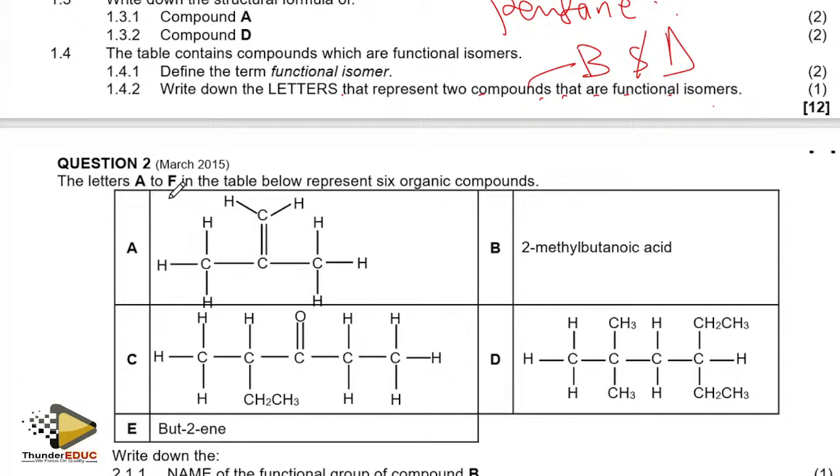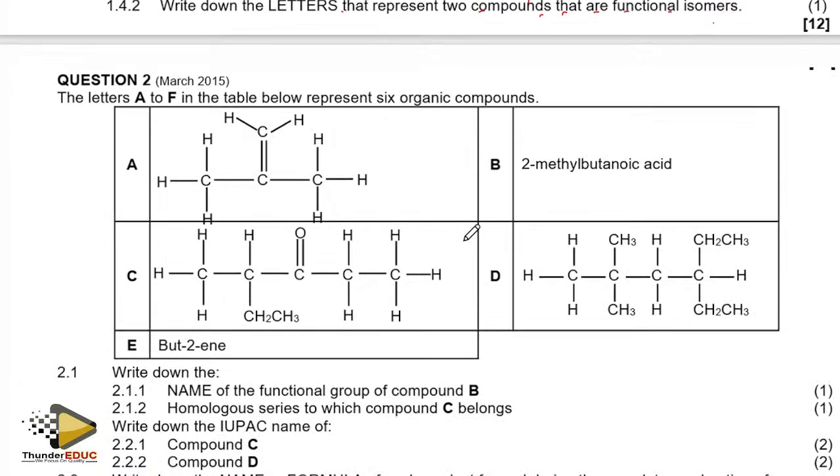They're saying that A to F in the table below represents 6 organic compounds. The first one, I told you that please make sure that you try to identify the functional group or homologous series for each. This one, I have a double bond, therefore it is an alkene. Here is butanoic acid.